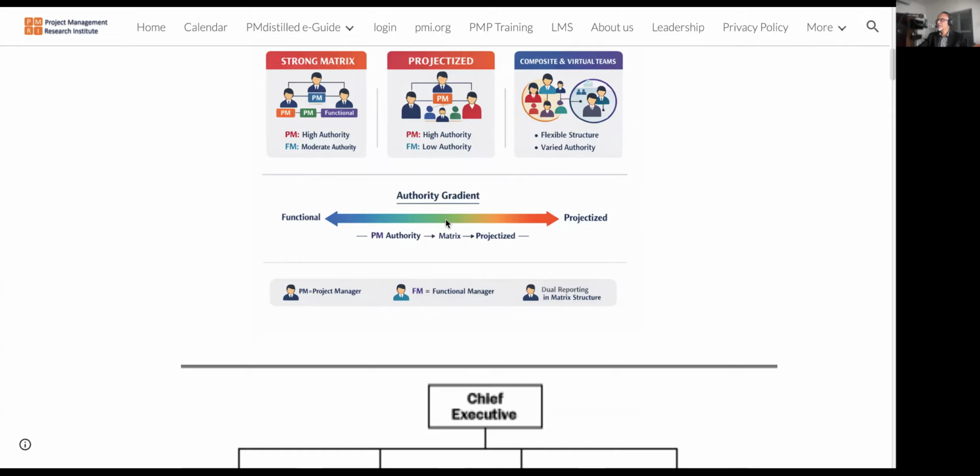Then in a balanced matrix, the project manager has more authority than in the weak matrix. And in a strong matrix, the project manager has more authority than the functional manager. And in a projectized organization, the project manager has ultimate authority levels.